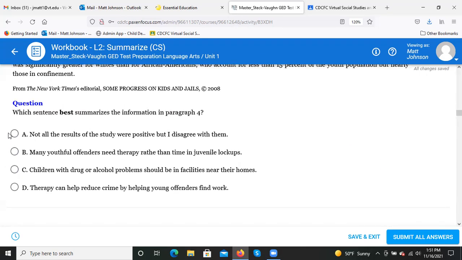B, yeah. So cluing in on that last sentence, right, which is kind of an ending sentence, wraps up the paragraph. It says, many youthful offenders need therapy rather than time in juvenile lockups. And you guys are getting zeroed in on this idea.